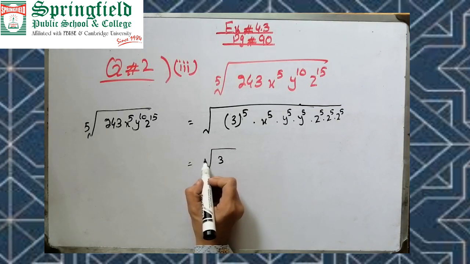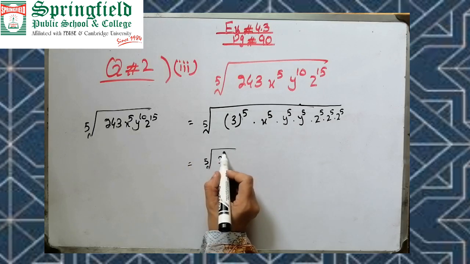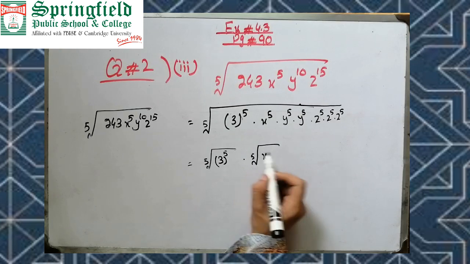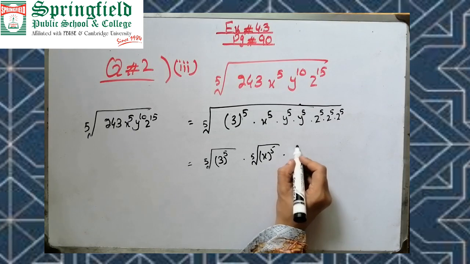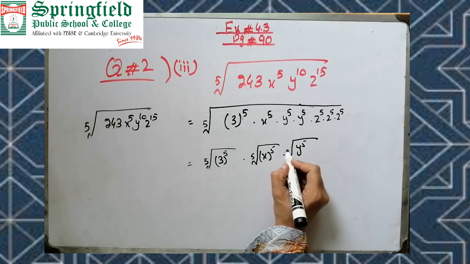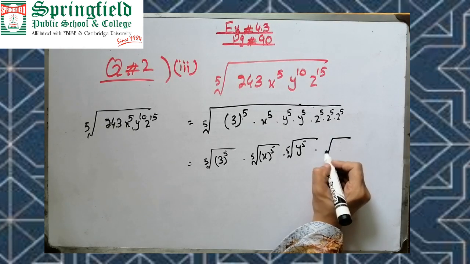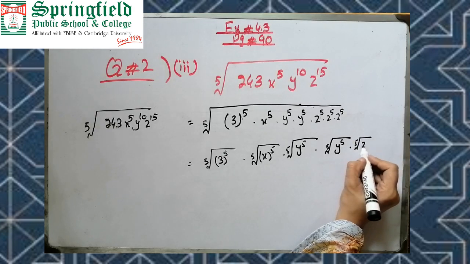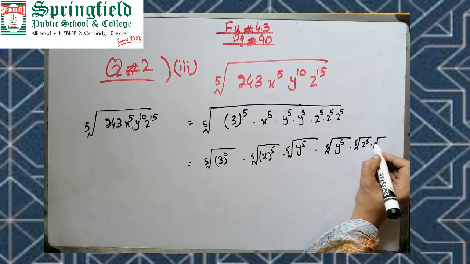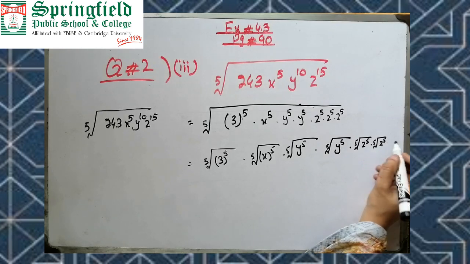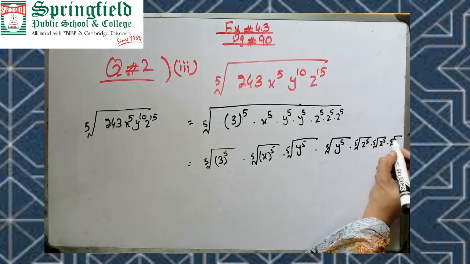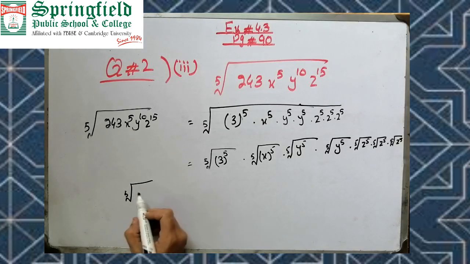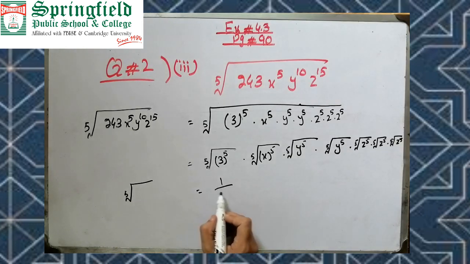Okay. Now separate the fifth root. Fifth root of 3 power 5, fifth root of x power 5. As we know that the value of the fifth root is 1 by 5.